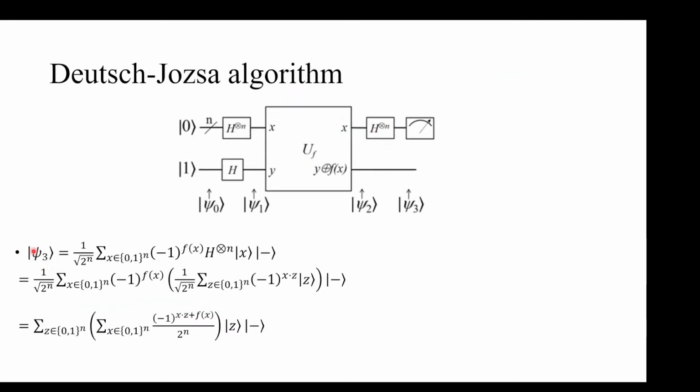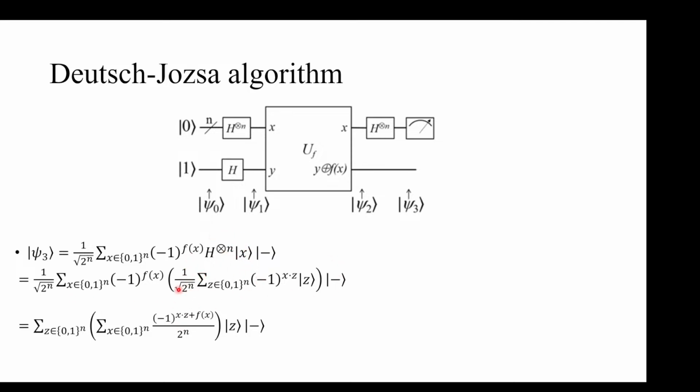And finally we can finish our calculation on state 3. Remember our state 3 was 1 over square root 2 to the n, the summation over all possible x, of |x> tensor minus, with the (-1)^f(x) phase, and Hadamard to the n on your x register. Then we just calculate this Hadamard to the n on |x>, and we put it here.